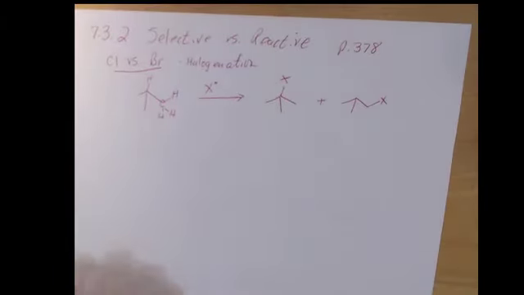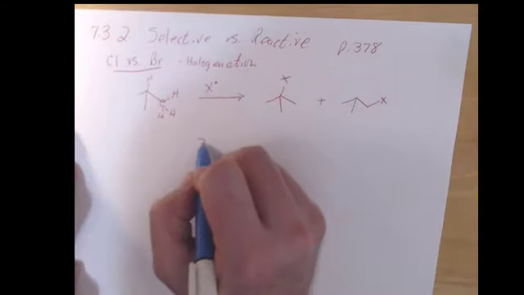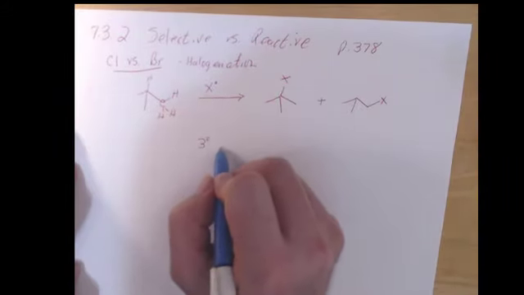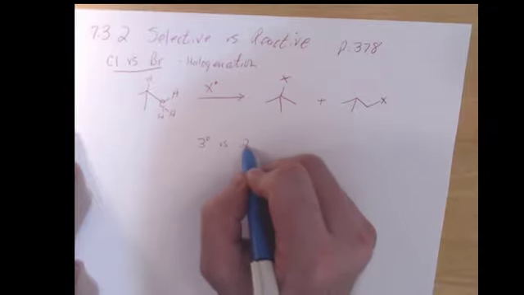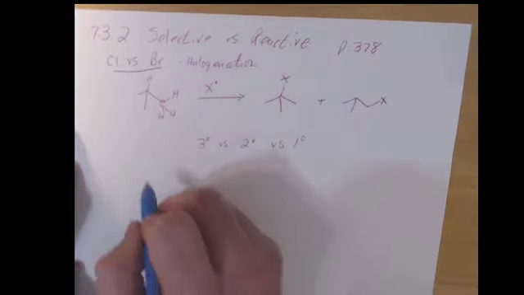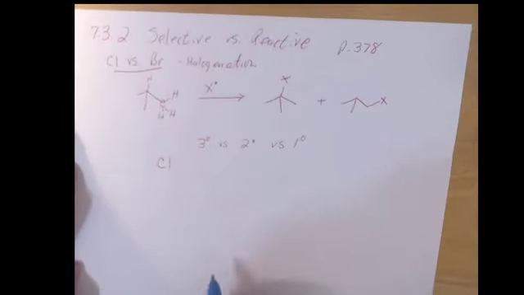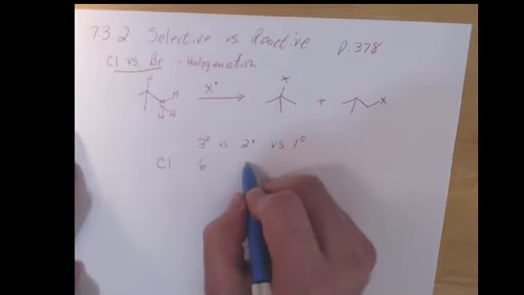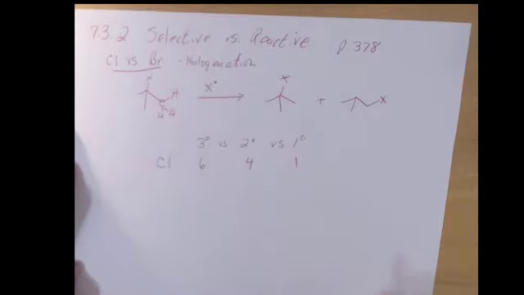Now, you need to recall some information. First, in terms of tertiary versus secondary versus primary reactivity, for the chlorine, we see a ratio of 6 to 4 to 1 in the selectivity.